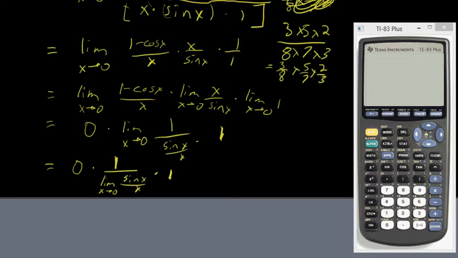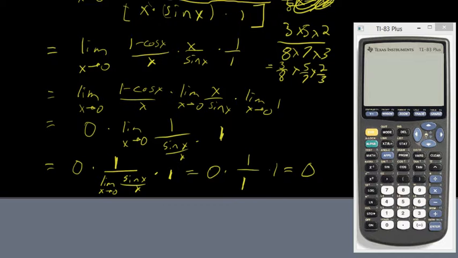So instead of raising it to the negative first power and then taking the limit, doing that is equivalent to taking the limit and then raising it to the negative first power. Hopefully that makes sense. And we know this limit is 1, so we have 0 times 1 over 1 times 1, and that's just 0.